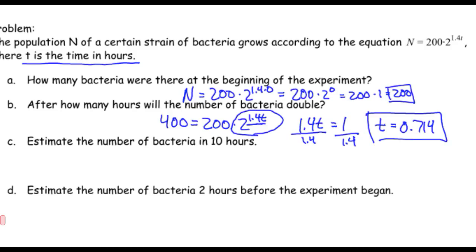Estimate the number of bacteria after 10 hours. Well, we've got the formula for that, so we can do that. What would the number of bacteria be? 200 we started with, times 2 to the 1.4 times, and now we're doing T as 10. So I could think of that as 200 times 2 to the 14th power.